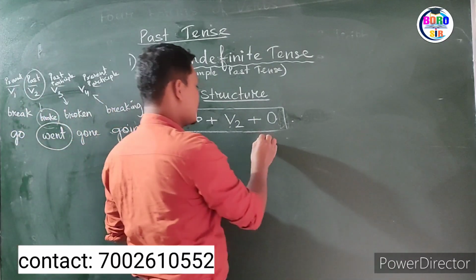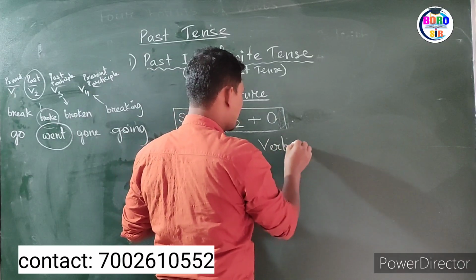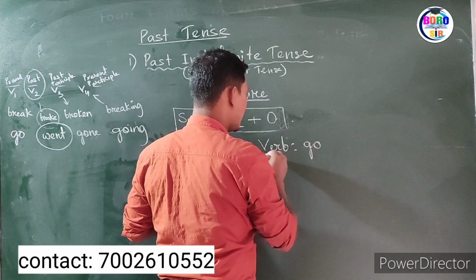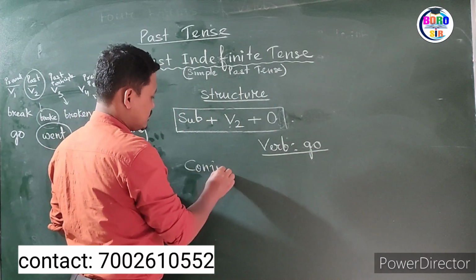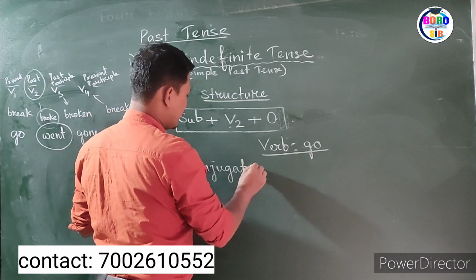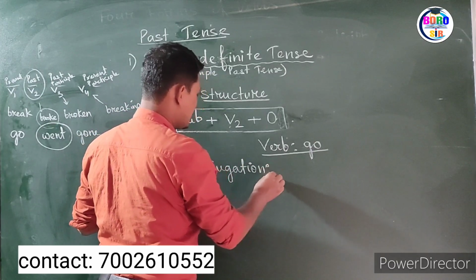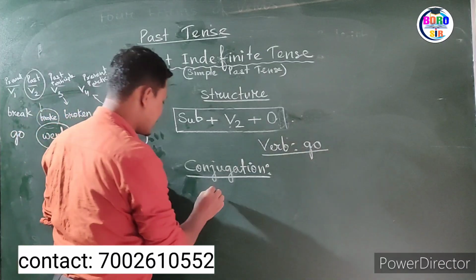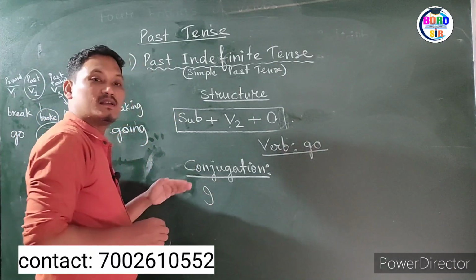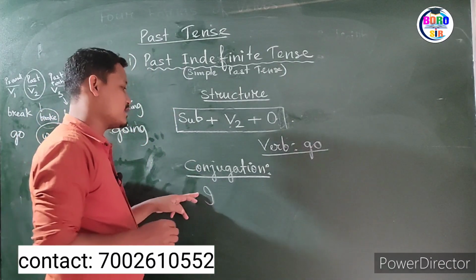So if I take the verb go, then what will be the conjugation? So we are going to write it like this. Now this time we are not going to write any person, or any singular or plural number. Just we are going to write the subject here. This is the first person singular number.